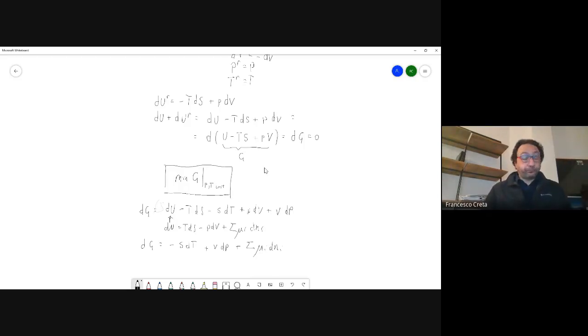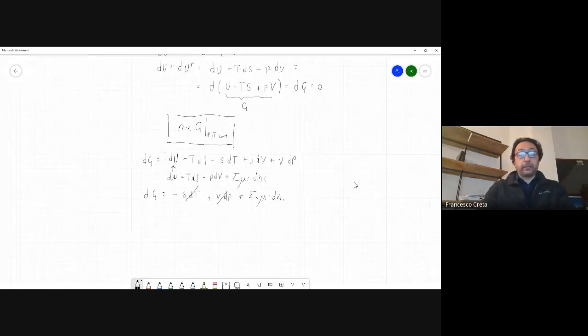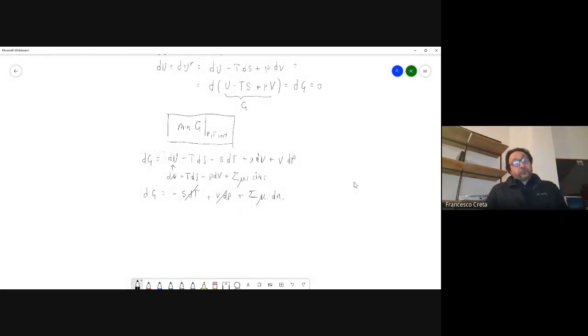And clearly, for P and T constant, these go. And so we're left with quite an important quantity, which is this term here. So clearly for constant temperature, pressure, and impermeable systems, we know that this is 0.